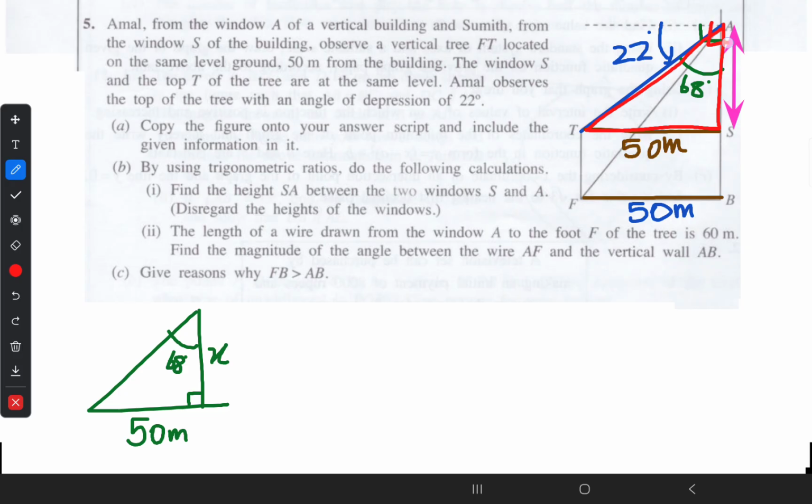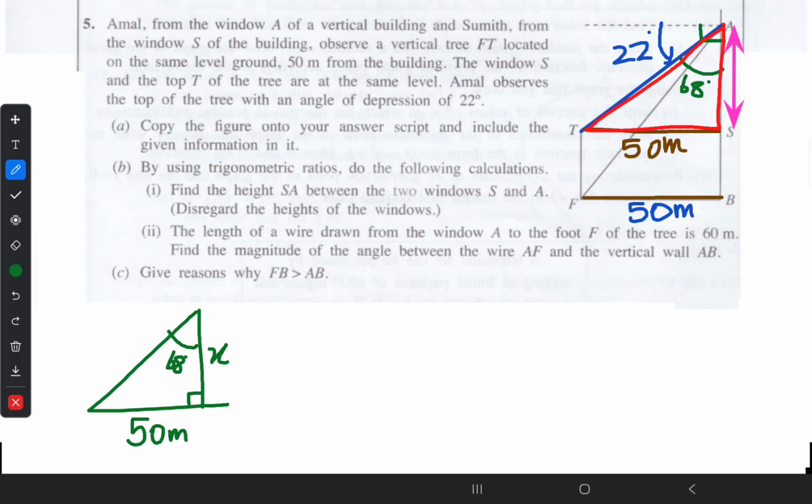Total angle was 90, 22 was gone, remaining would be 68. If this is 50, this is also the same length. That would be 50. I'll separate this right triangle here. From that, we can use trigonometric ratios to find the value for x, that means the distance between the A and S windows.